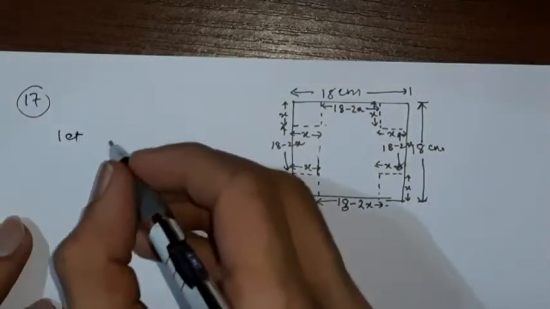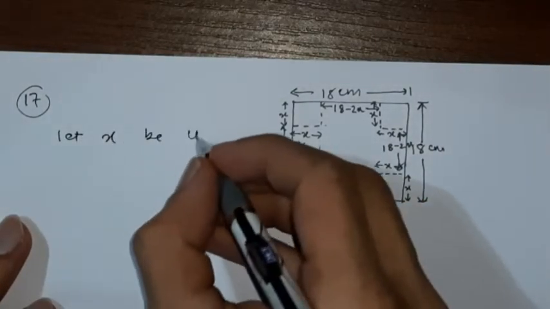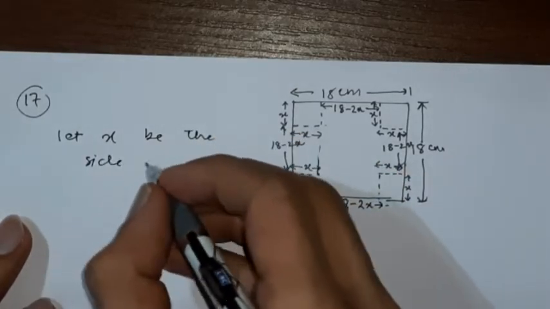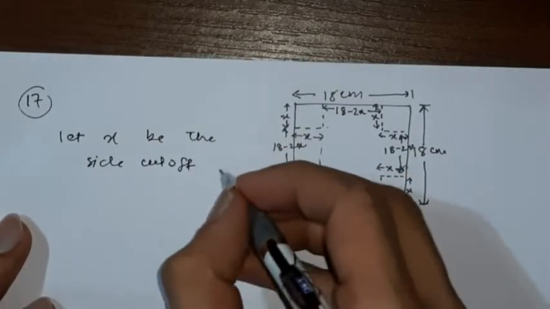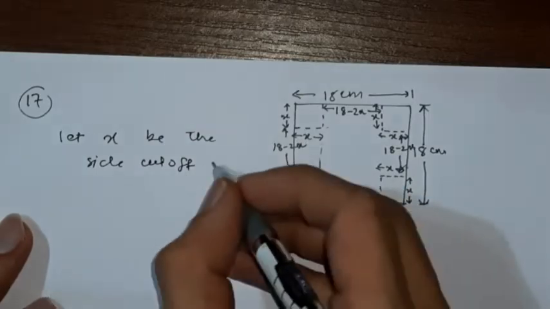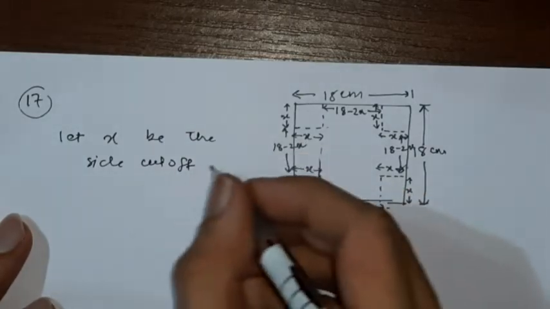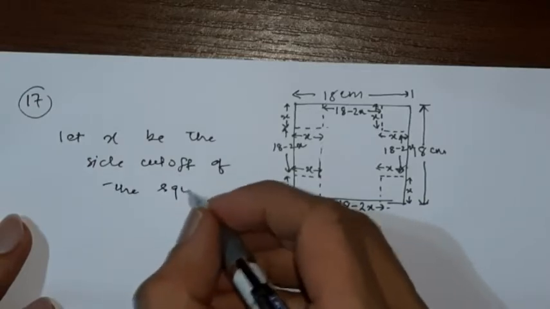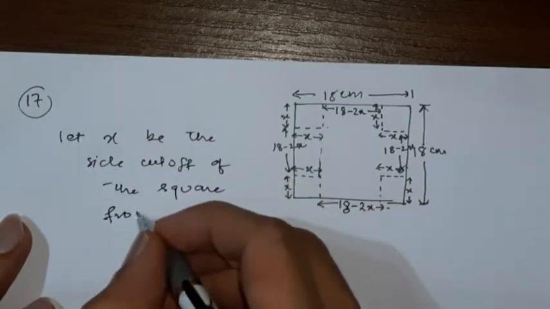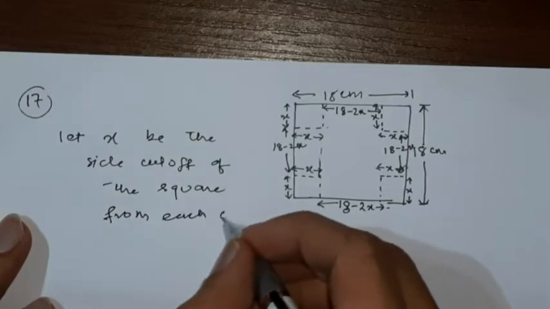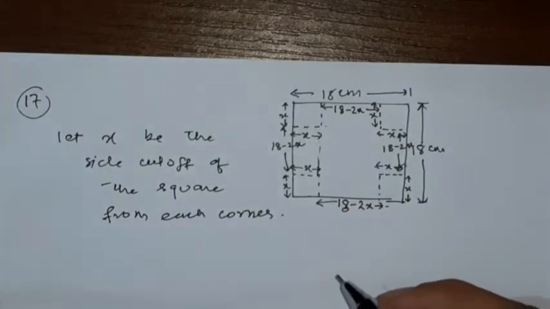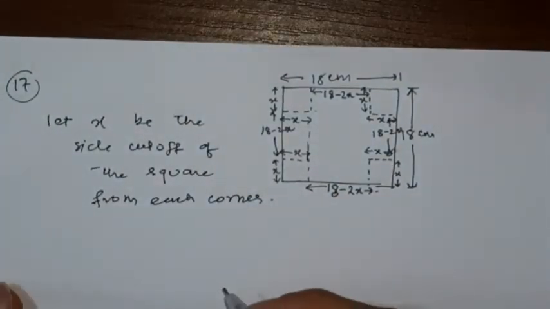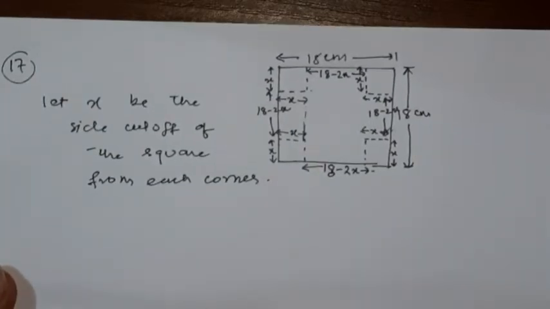So let X be the side cut off of the square from each corner. Now what we have to maximize here?